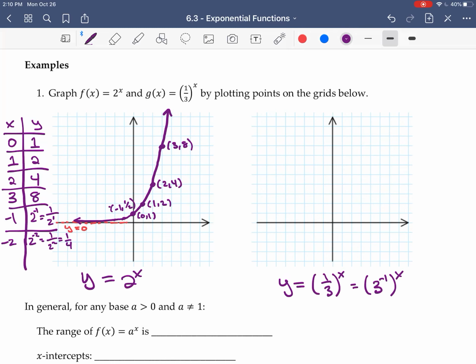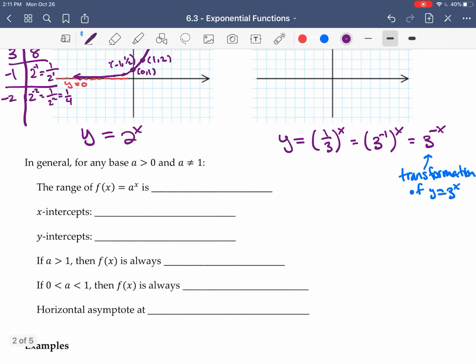And then if you have 3 to a power, you multiply those powers. And you could think about this as a transformation of y equals 3 to the x. Okay, you don't have to, but you could. Or you could just do a table of values and do 1/3 to the x. Okay, but I'm going to leave that one for you.